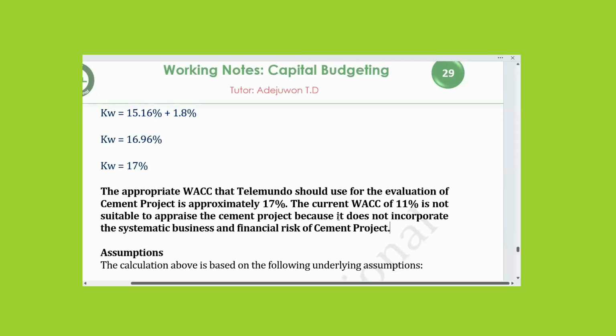Okay, that is why the existing WACC of 11% is not suitable.